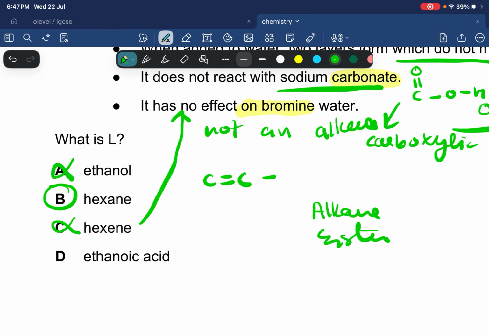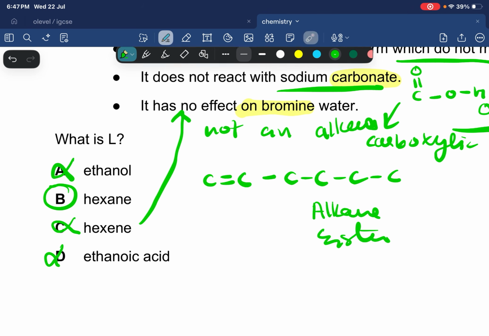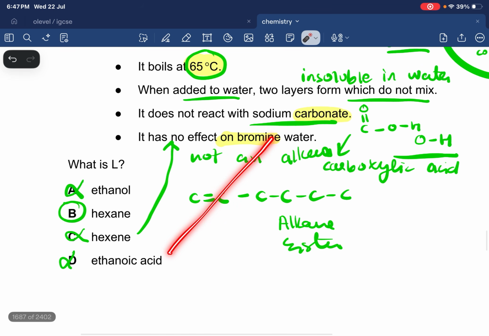It is 6 carbons with a double bond between 2 carbons. So 1, 2, 3, 4, 5, and 6. Next, ethanoic acid. It cannot be ethanoic acid, because ethanoic acid is going to react with sodium carbonate to give you sodium ethanoate, carbon dioxide, and water, because that's an acid, that's a carbonate.